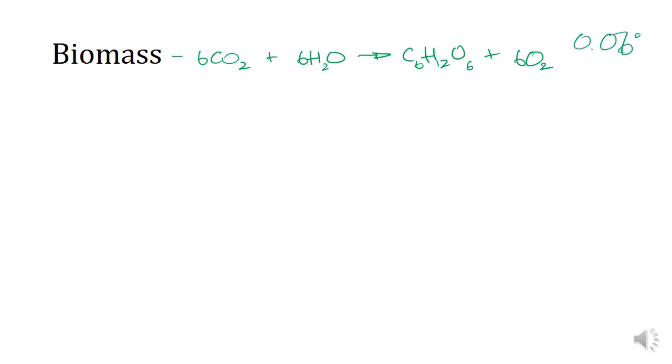Okay, so biomass, the equations in biomass are using the products of photosynthesis. So this chemical reaction, the amount of solar energy that it actually captures is only about 0.06% of the energy from the sun.